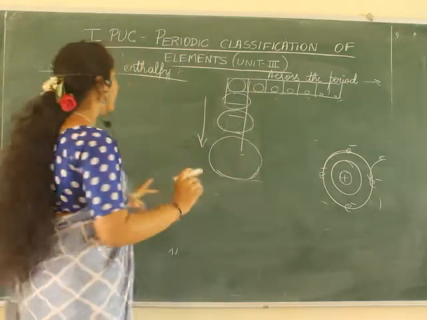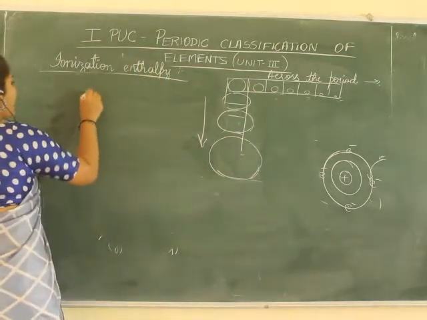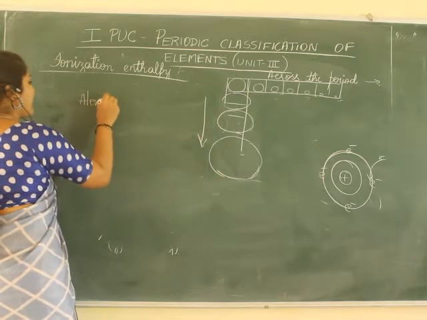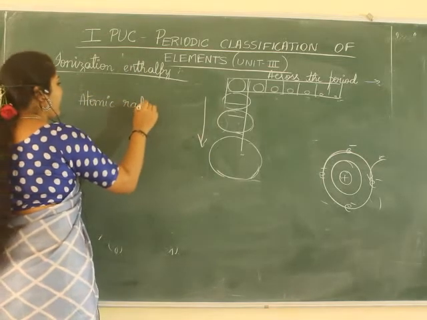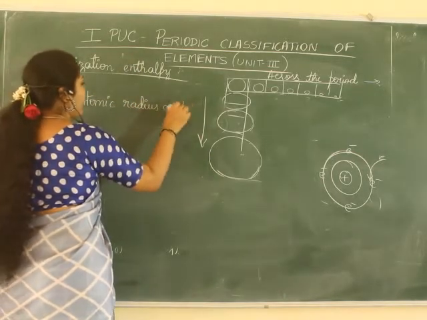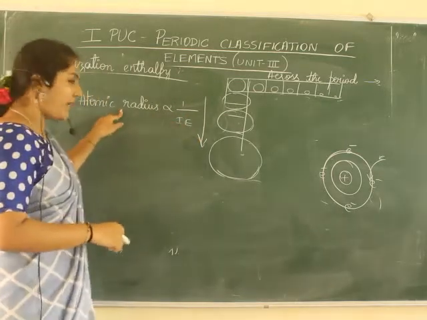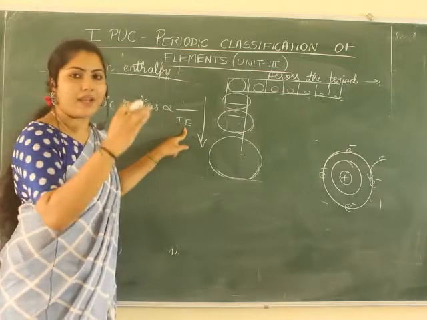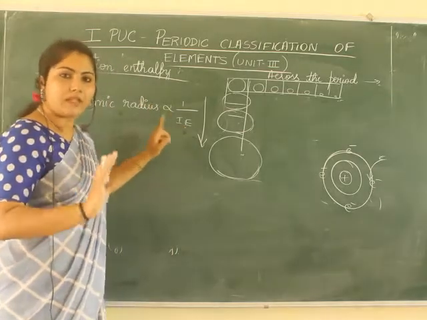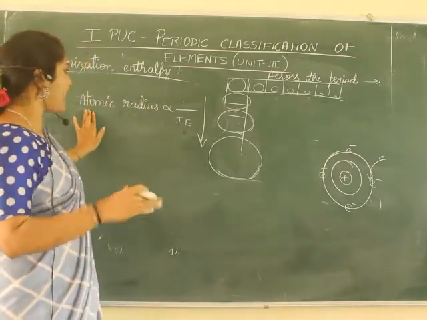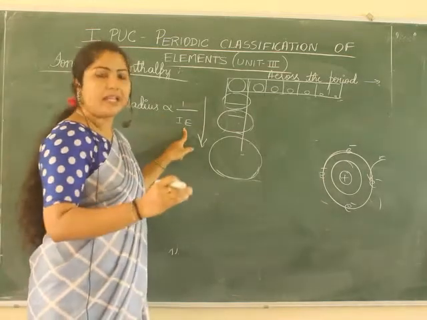One more thing I'll tell you, for you to remember: atomic radius is inverse of ionization energy. That means if atomic radius is high, ionization energy will be less. Clear? So atomic radius high, ionization energy less.